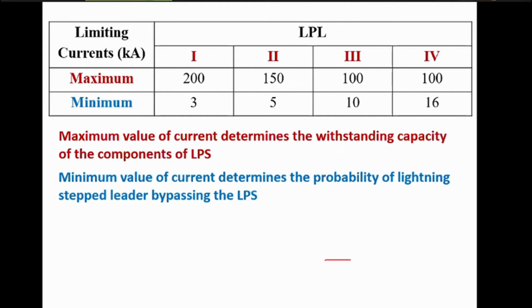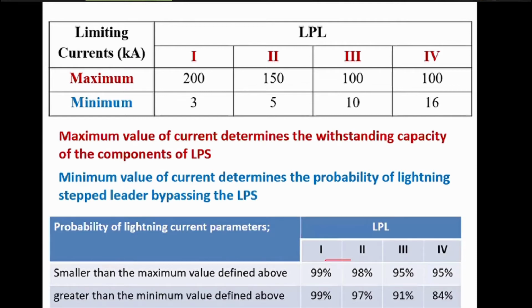It may miss the step leader and the lightning may get attached to an unprotected part of the building. And the standards say that these are the possibilities, or the percentages of success, in the case of each level of protection in lightning protection systems.